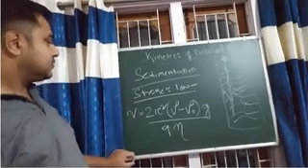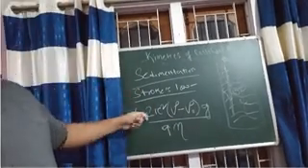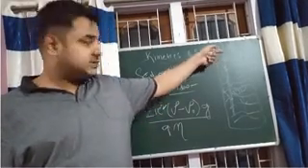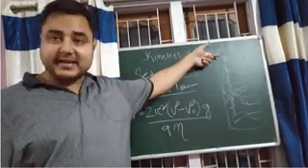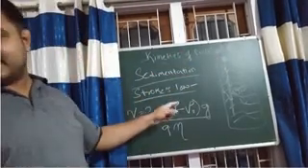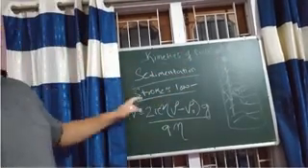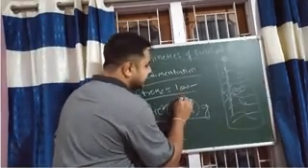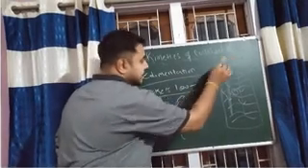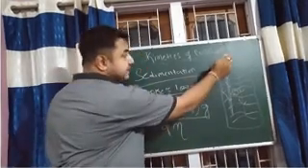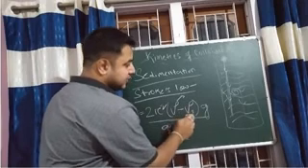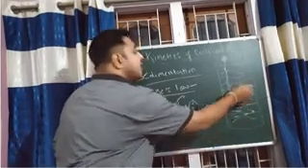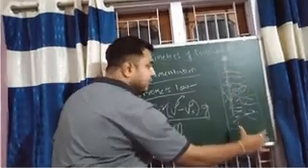Clear? Here r is the radius of the spherical ball or the particle which is going to settle down. This rho is the density of the particle, whereas rho naught is the density of the medium, that is the water, or whatever the fluid, the dispersion medium.